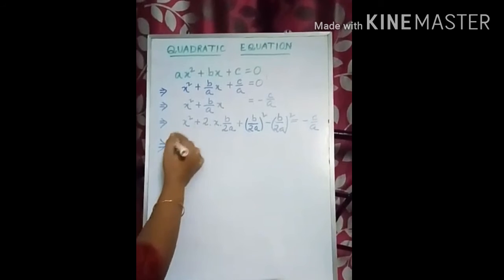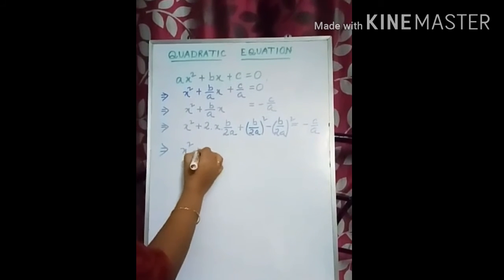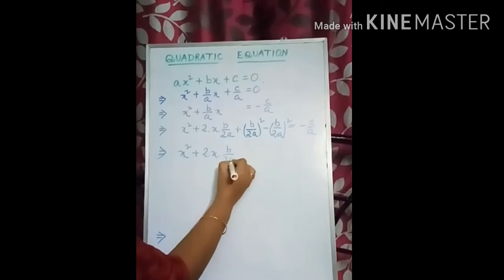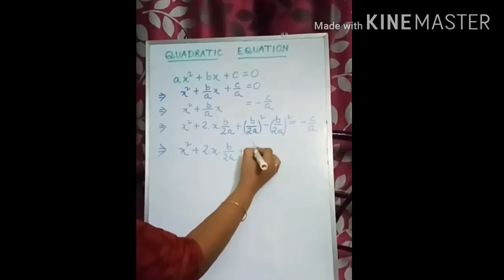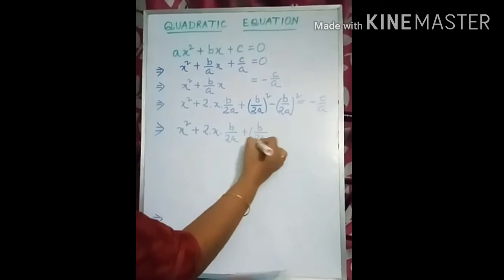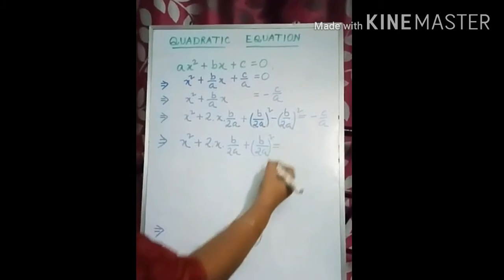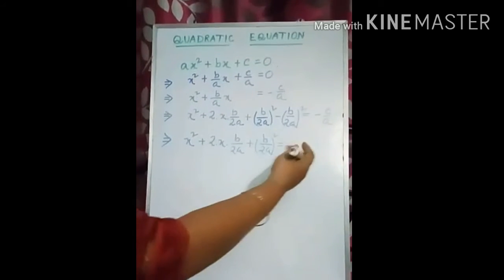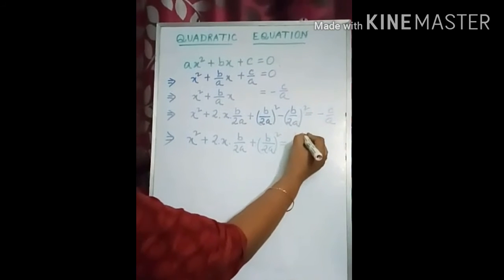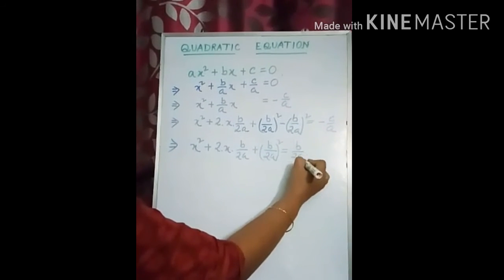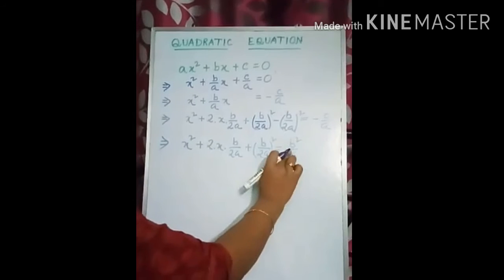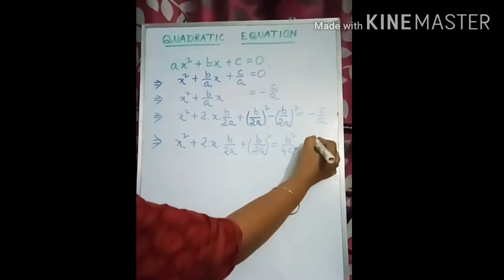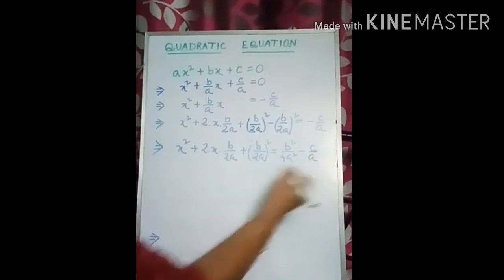Okay, so here I will write down x square plus 2x b by twice a plus b by twice a whole square equal to this, minus b by twice a whole square, that one I will bring on that side, it becomes positive b by twice a whole square, or I can write b square by 4a square minus c by a.